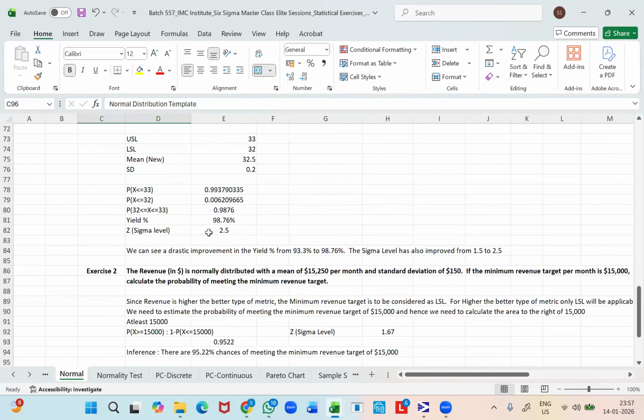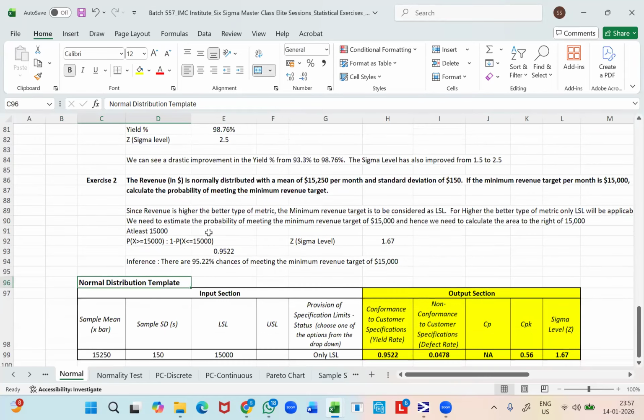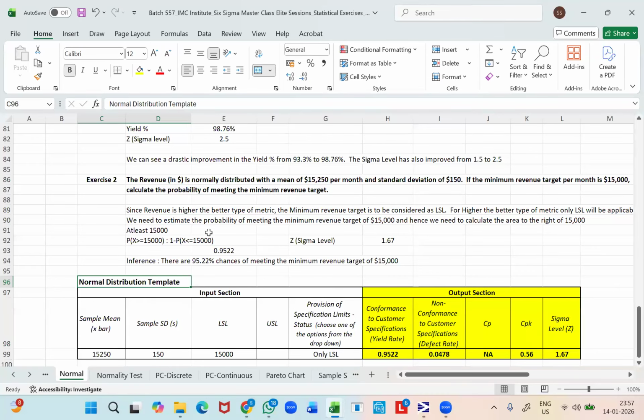So today we looked at the probability distribution exercises. So binomial distribution, which will be part of the discrete data probability distribution. So binary discrete data would follow binomial distribution, and proportion is the primary metric for representing binomial distribution.